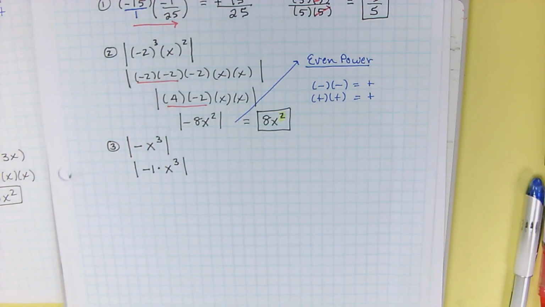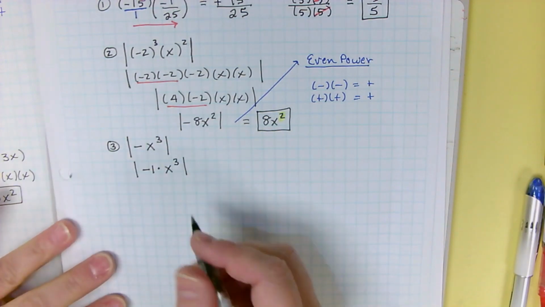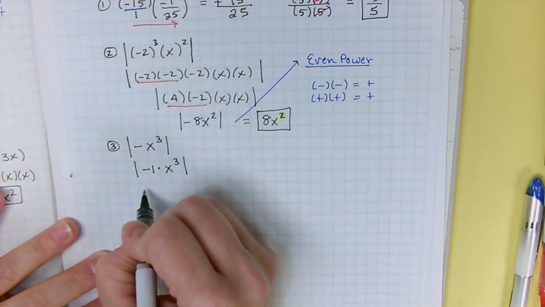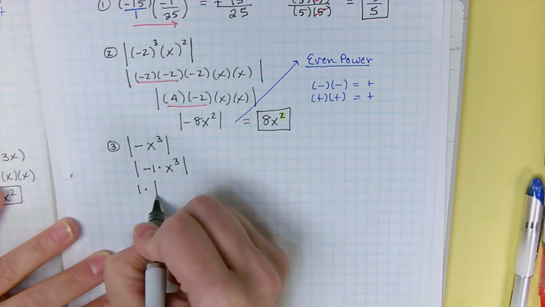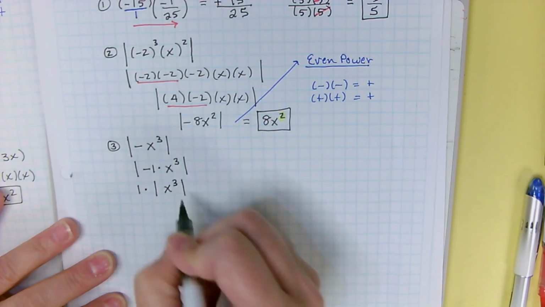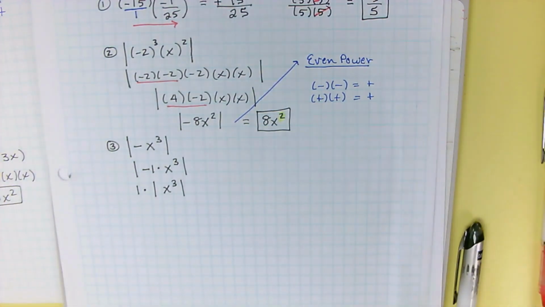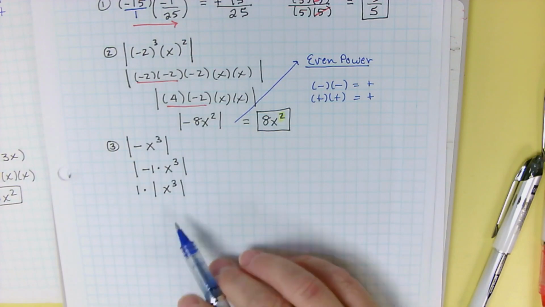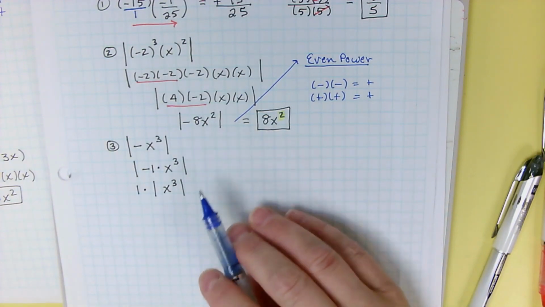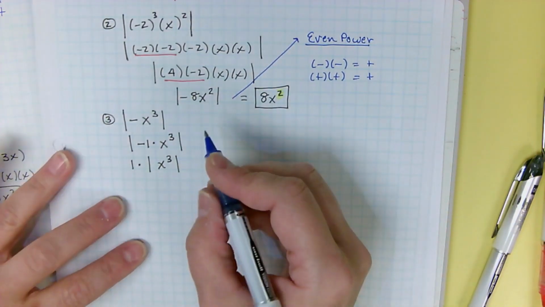And an absolute value of a -1 is a +1. So it comes out of the absolute value. All right, so now we're kind of where we were with the last one, but we have an x to an odd power.